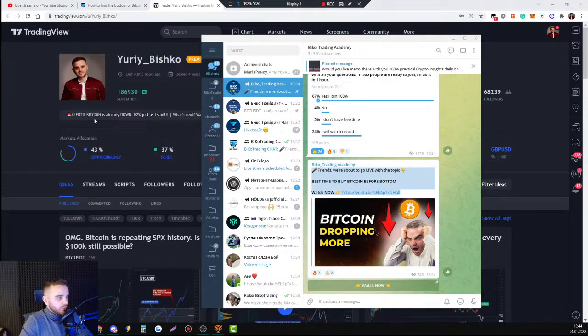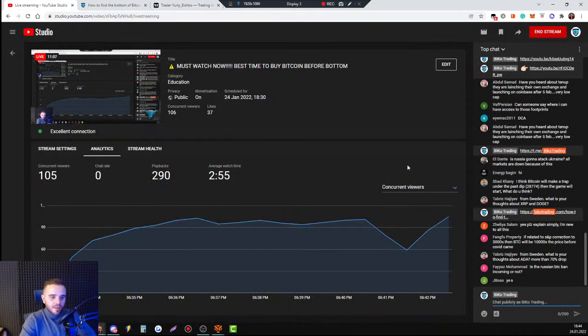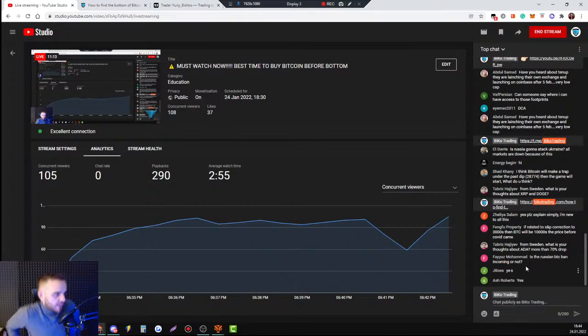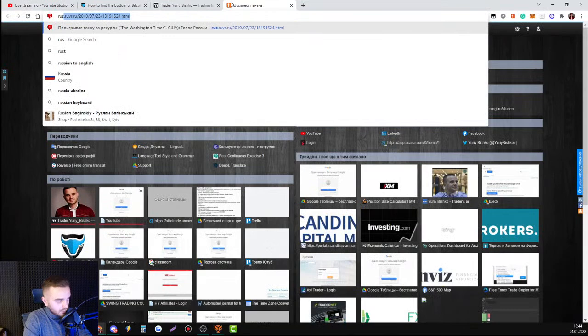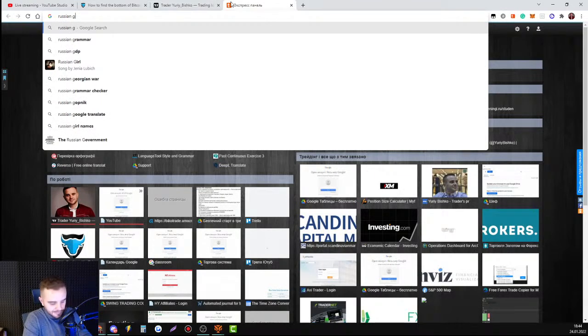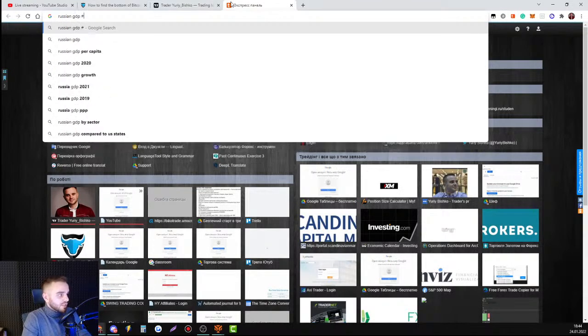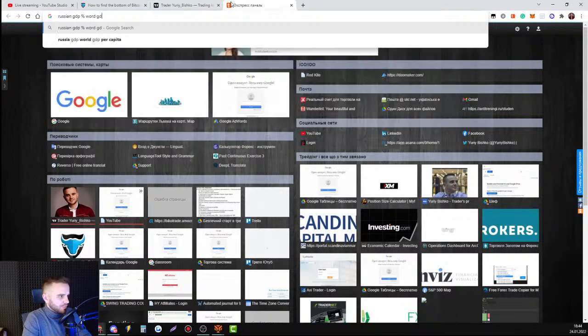Is the Russia BTC ban incoming or not? About the Russia BTC ban, Russia is not a significant market for Bitcoin. Take a look at Russian GDP as a percent of world GDP.